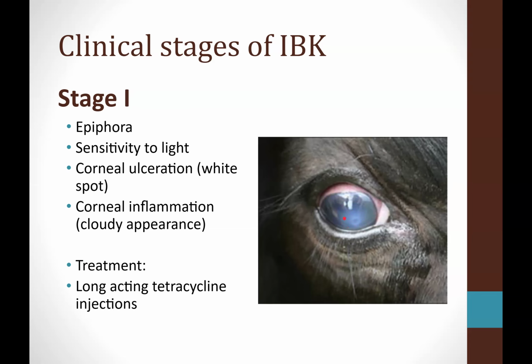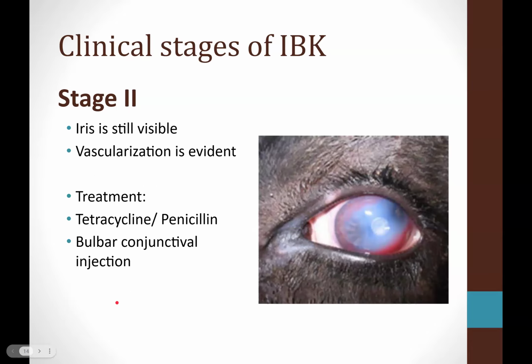So this one is an inflamed cornea. Antibiotics will be effective. So we can give long-acting tetracycline injections. And then we have stage 2, wherein the iris can still be visible, but vascularization is evident.